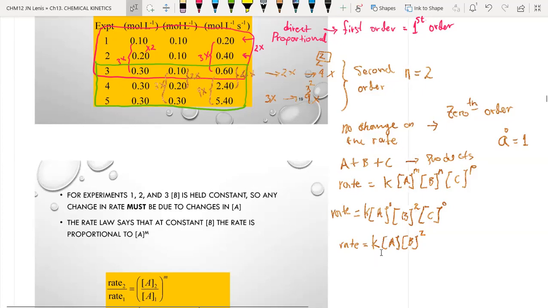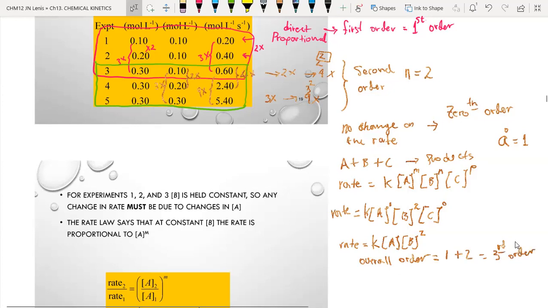And from here, you can find the overall order, which is 1 plus 2, and you say it's overall third order.